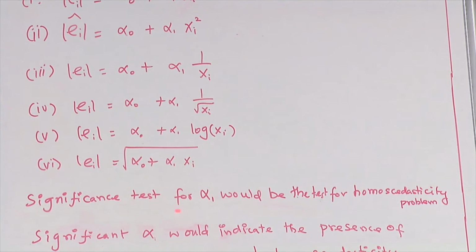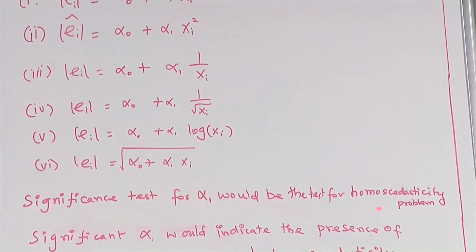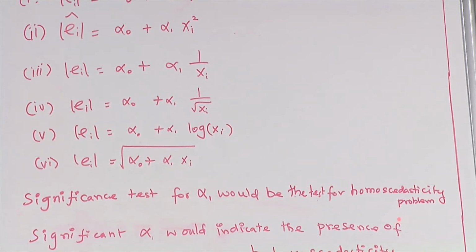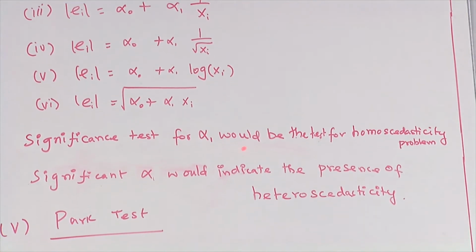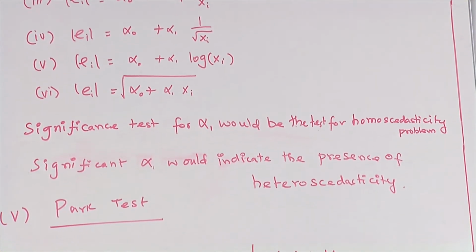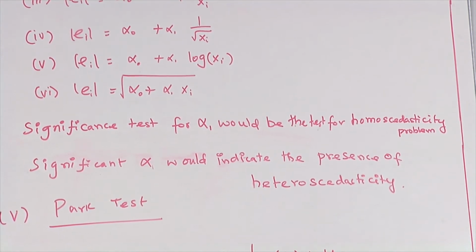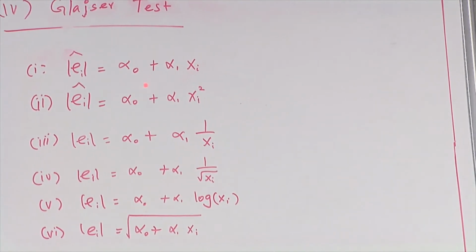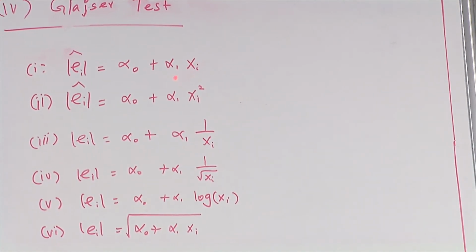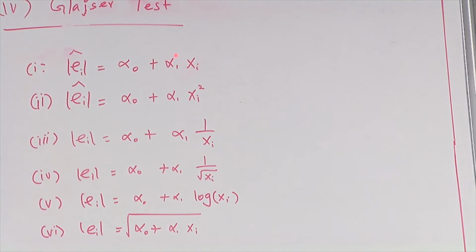The test for alpha 1 would be the test for the homoscedasticity problem. Here we can very easily test the significance of alpha 1. This is a simple regression model, and we can find the standard errors of alpha 0 and alpha 1 using the OLS procedure, and we can find the t values for these regression coefficients, and so we can find the significance of alpha 1.